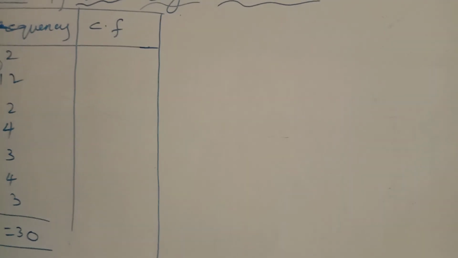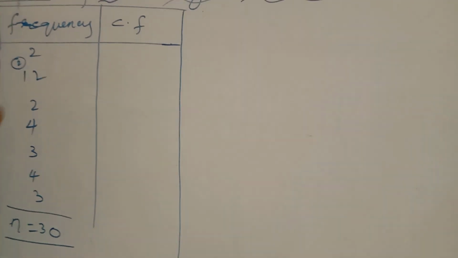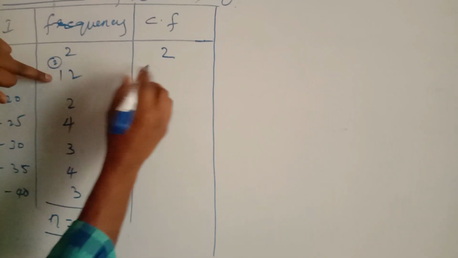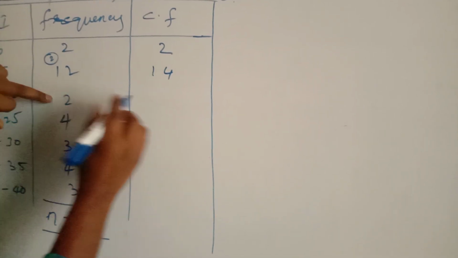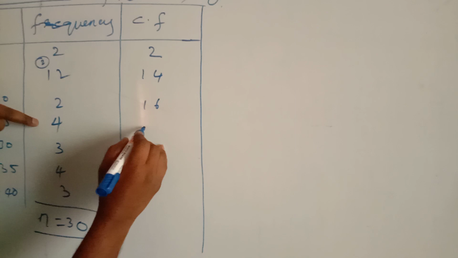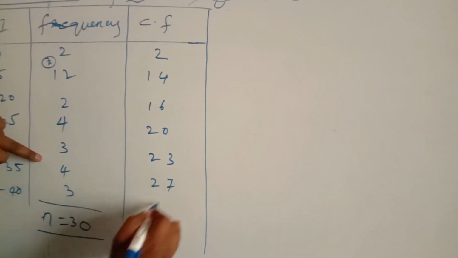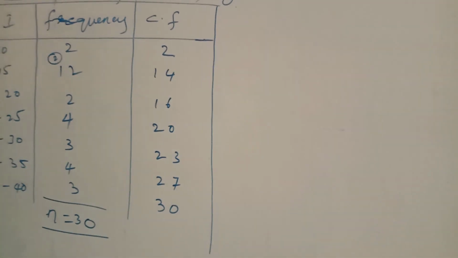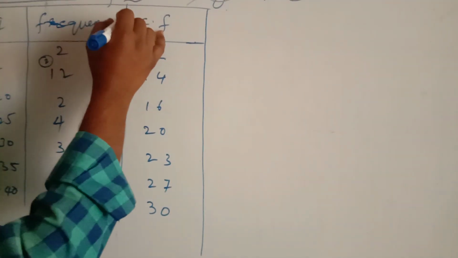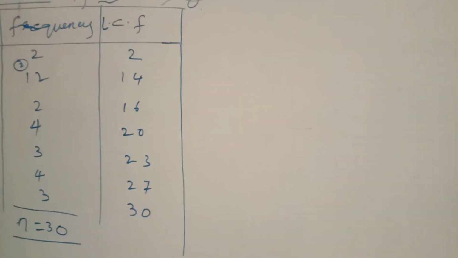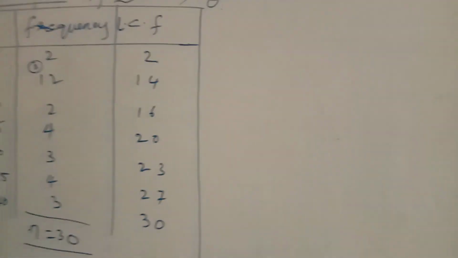How to find the cumulative frequency? The second column gives the third column: 2, 2 plus 12 is 14, 14 plus 2 is 16, 16 plus 4 is 20, 23, 27, 30. This is called LCF, less than cumulative frequency.